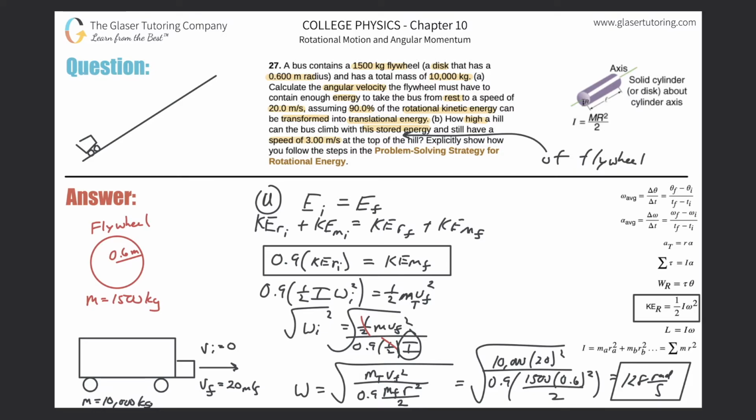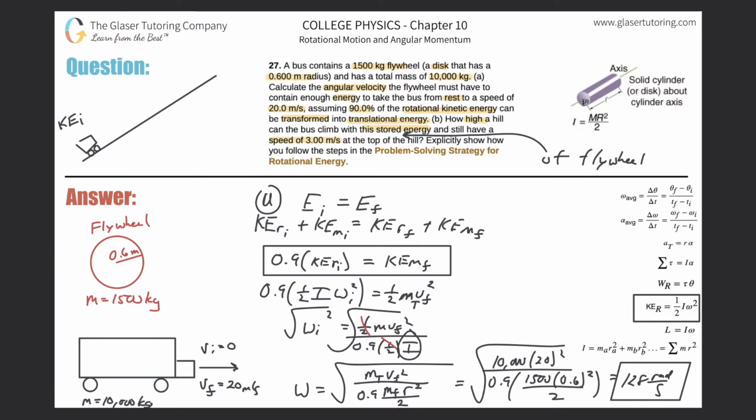So now, when we think about the energy that is inherent in this truck initially, all the energy is going to be found in the flywheel. So I know that my kinetic energy, I could have just written energy initially, right?